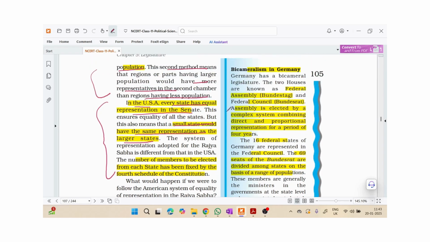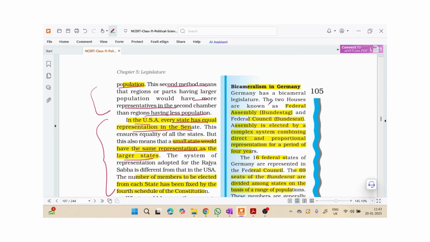But this method could not have worked in India क्योंकि इंडिया की पॉपुलेशन it is heterogeneous and then population base is larger. So उस केस में different states, कुछ states हैं वो बहुत बड़े हैं, कुछ states हैं बहुत छोटे हैं.